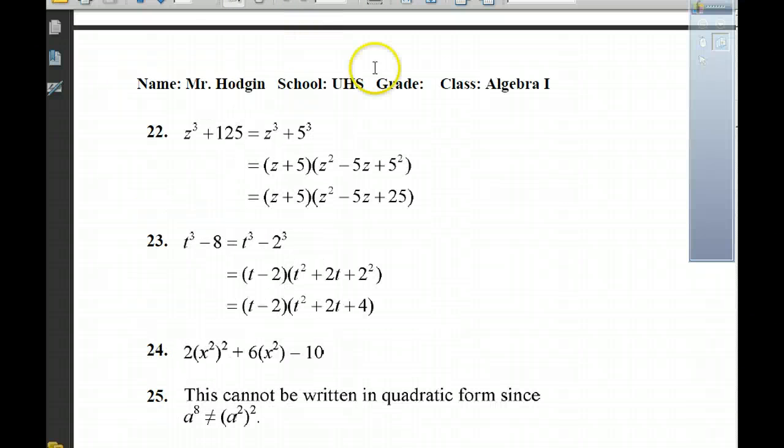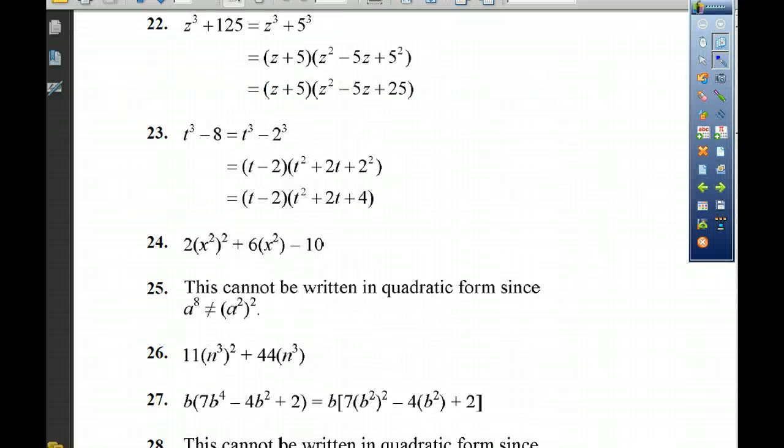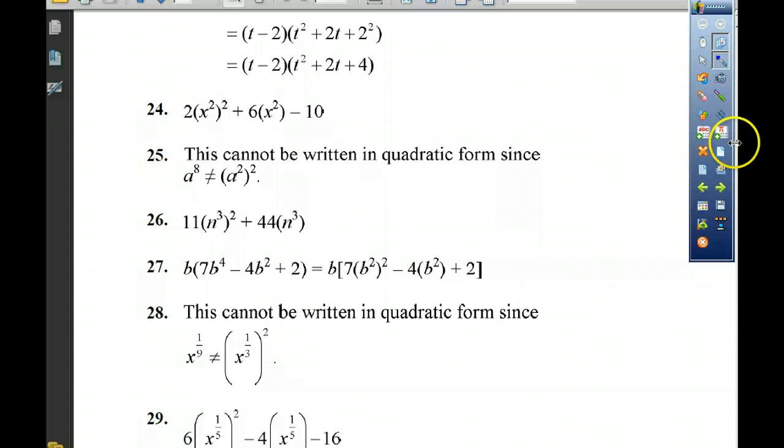Can they be written in this format? I just want to show you a little bit of the work. So you want to write it as something squared, just like a quadratic, where the first term is squared and the second term is raised to a power. So the first term is squared, so it's really an x to the 4th. Same thing here. Always do the GCF first. And then the b to the 4th, we can write as b squared.